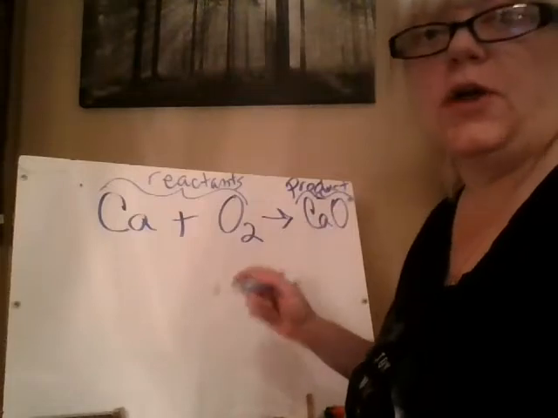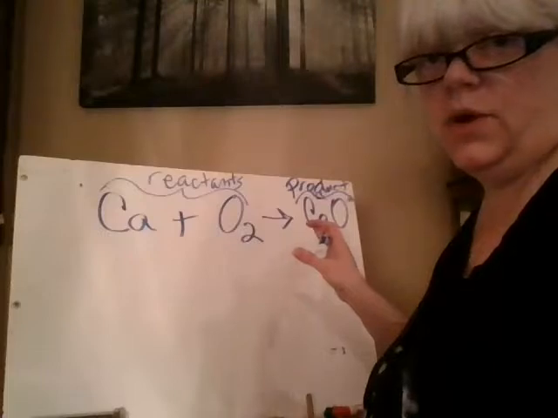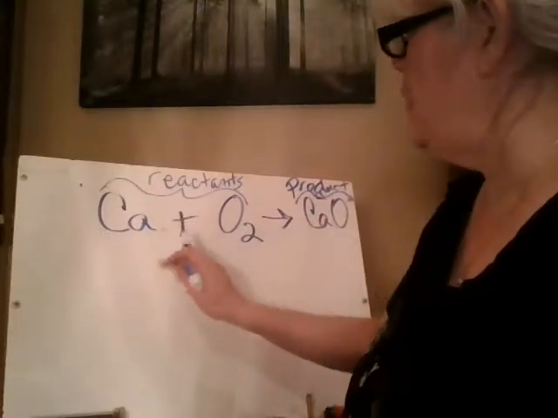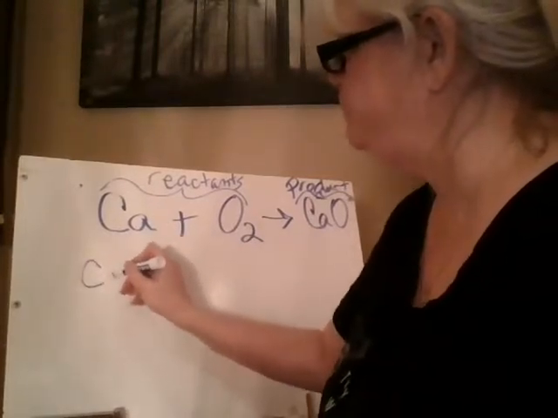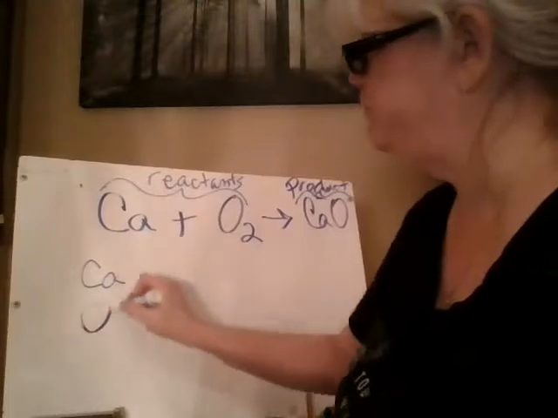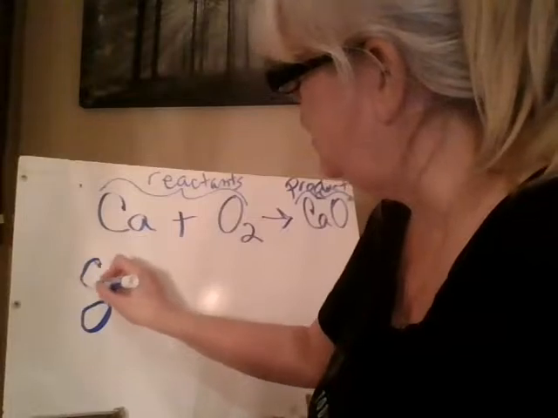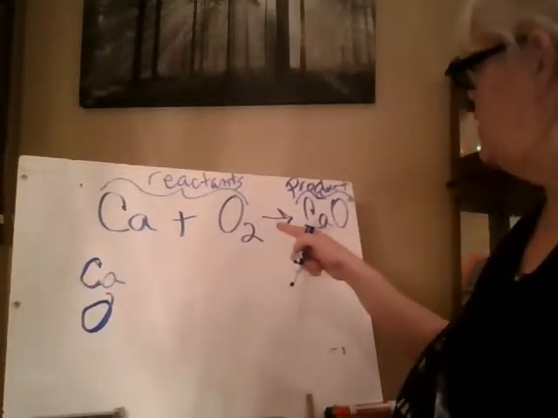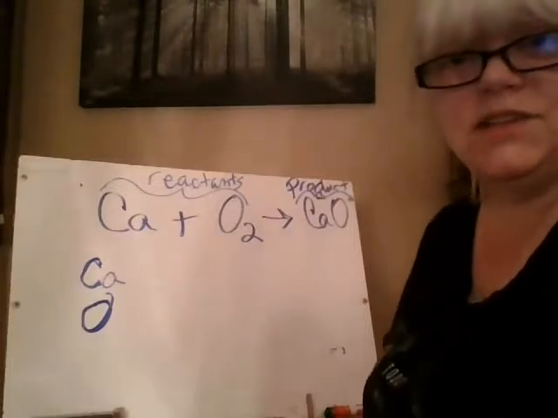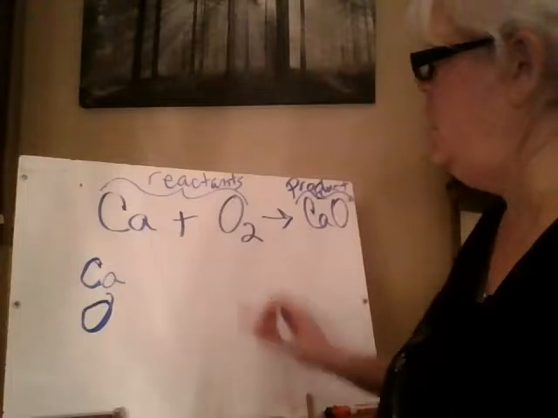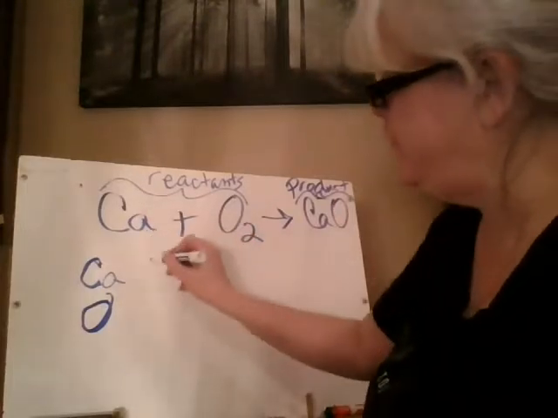And you need to do counting on both sides of the equation, both the reactant amounts and the product amounts, okay? So we're going to go through here, and in this equation, we have calcium, we have oxygen. Make sure it's showing up okay. And we have nothing else. We only have 2 elements that are making this up. So let's do our initial count, okay? On the reactant side, I have 1 calcium. There's no subscript.